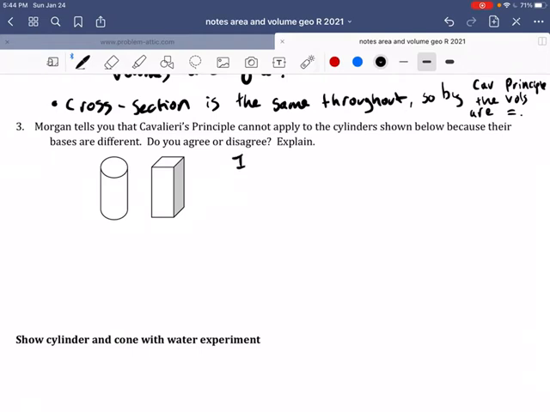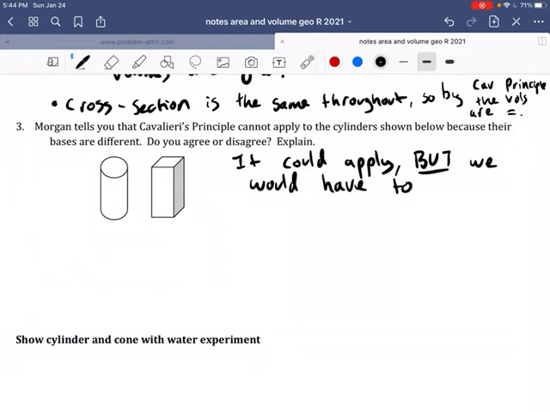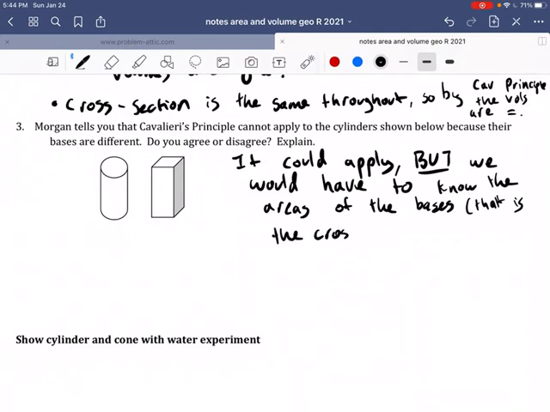So it could apply, but we would have to know that the areas of the bases, that is the cross sections, are the same. Okay?